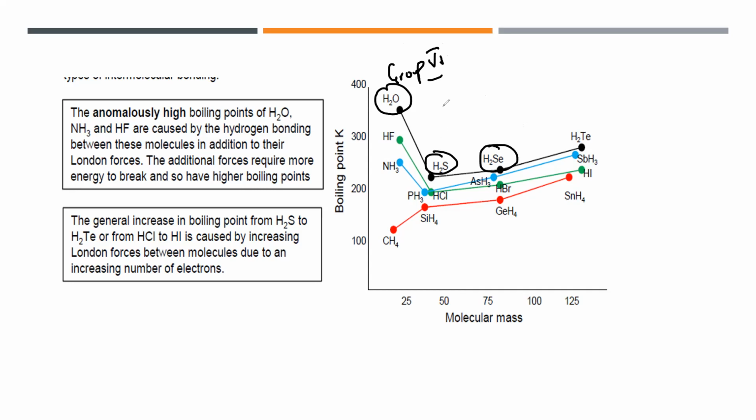First water is there, H2O. Water has a greater boiling point than H2S. But H2S has a smaller boiling point than H2Se. So what is the reason it is not following a trend? It depends on the intermolecular force. So when we have water, what kind of intermolecular force exists in the water?